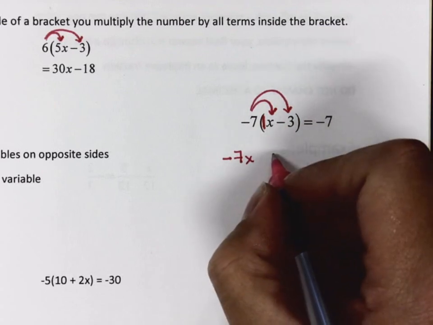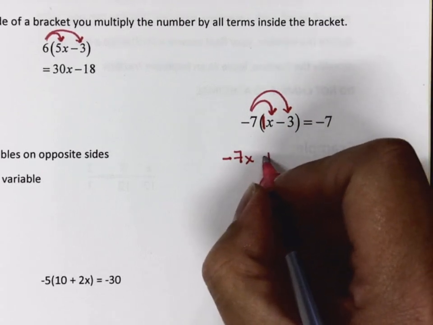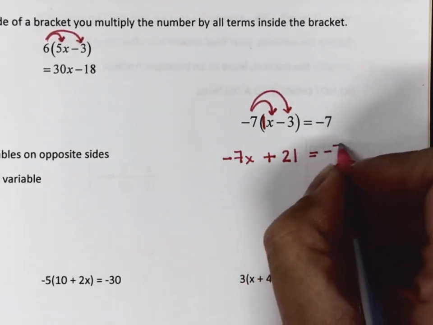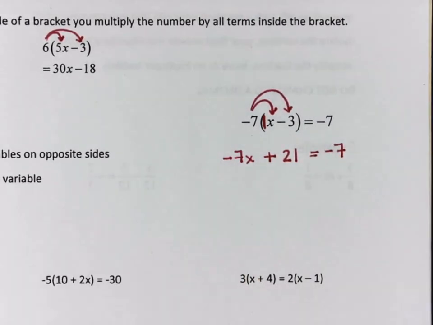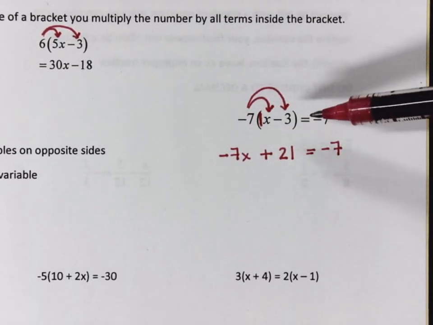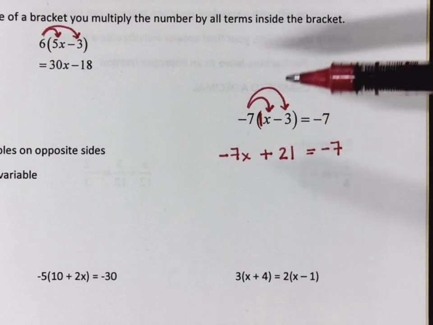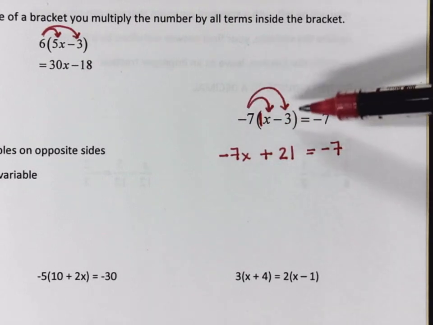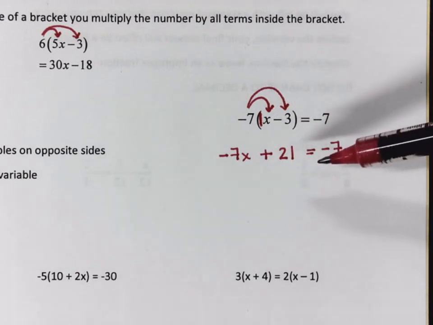So that's going to give us a positive 21. So we're going to write add 21 equals negative 7. So we distributed. The act of multiplying it through is called distribution in math. Sometimes I'll use the word leapfrog because it reminds me I gotta bounce into both, every term in the bracket.